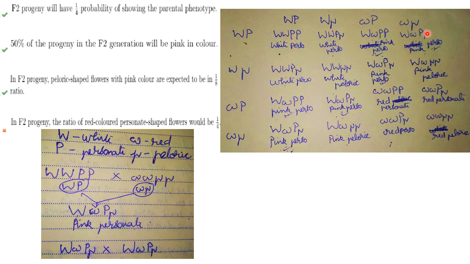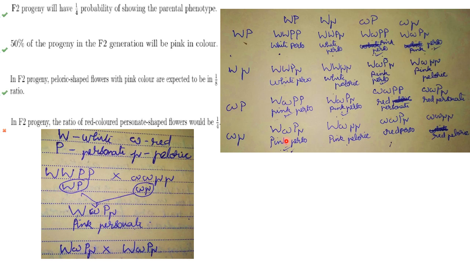Now you have to do the Punnett square over here like this, and you have to name the phenotype of each offspring. So what they have told, F2 progeny will have 1 by 4th probability of showing the parental phenotype. Now if you see the parental phenotype, what is the parental phenotype? Pink personate. So if you see for pink personate, you can see that it is over here 1, 2, 3, 4, 5 and 6.